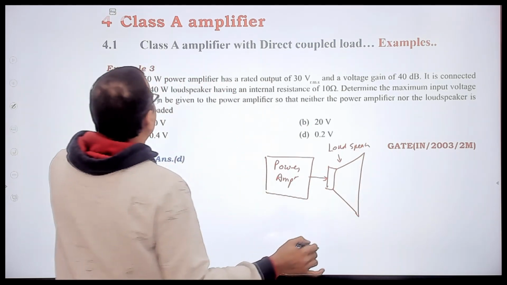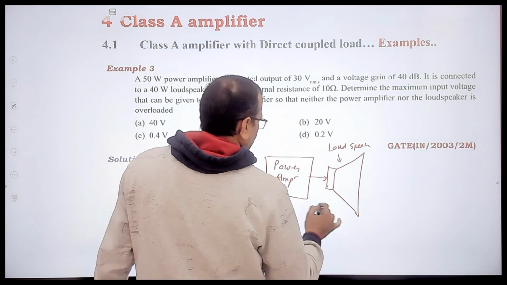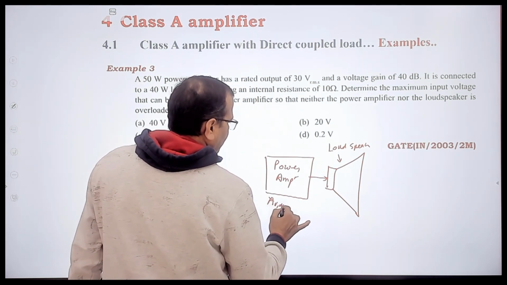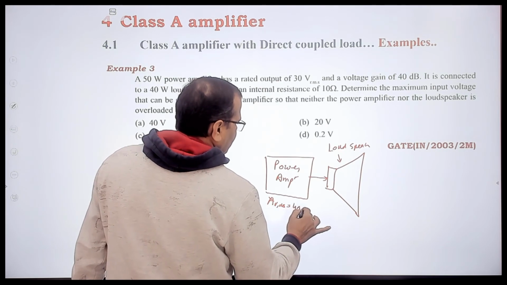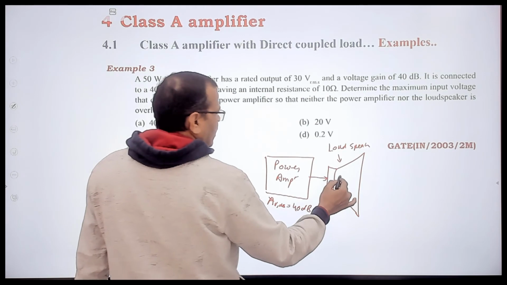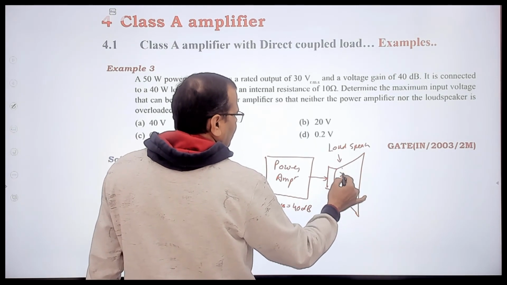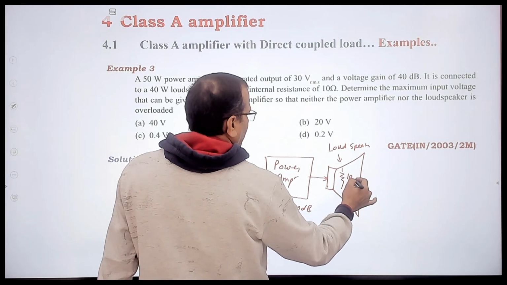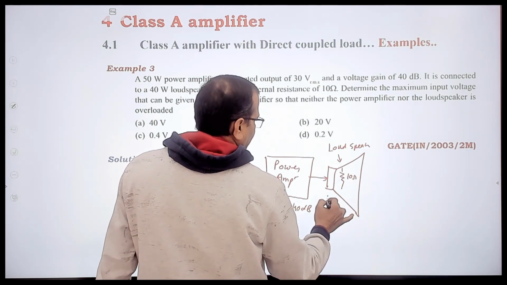What is given here? The voltage gain of this amplifier is given to be 40 dB. That is given to you, and the rating of this is given. The internal resistance of the loudspeaker is given to you. How much? That is 10 ohm. And the power here is given to you.